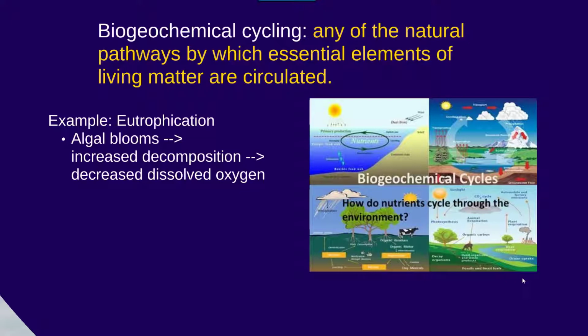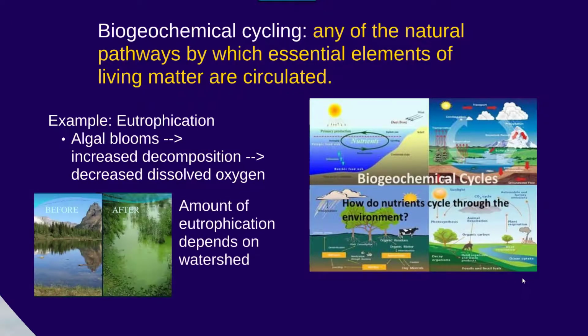Eutrophication is where you have an increase in some nutrient, which results in an algal bloom, which ultimately leads to an increased decomposition of those organisms that had bloomed, and finally a decreased dissolved oxygen level. This eutrophication process can have some major impacts on the organisms as well as the availability of other resources, such as viable water for ingestion.